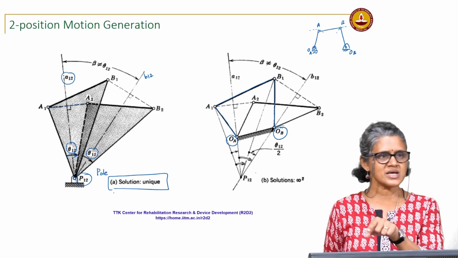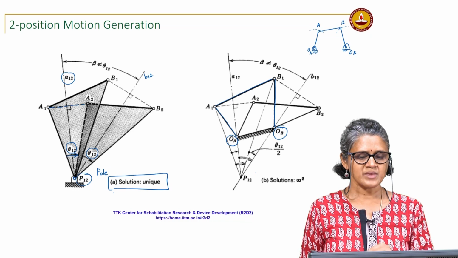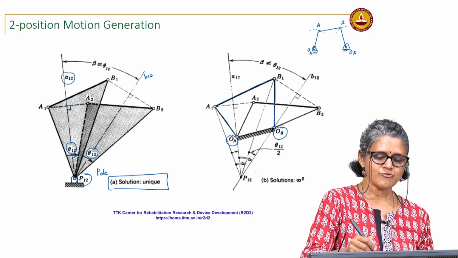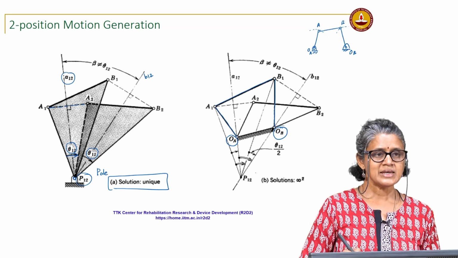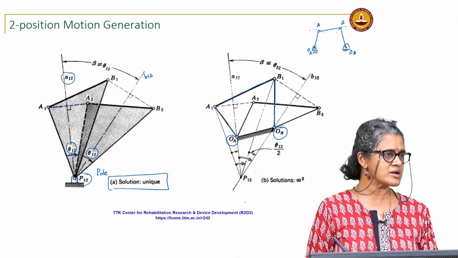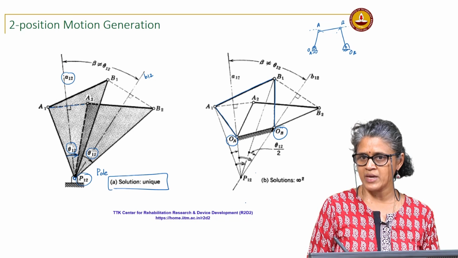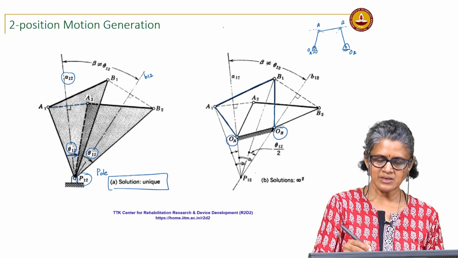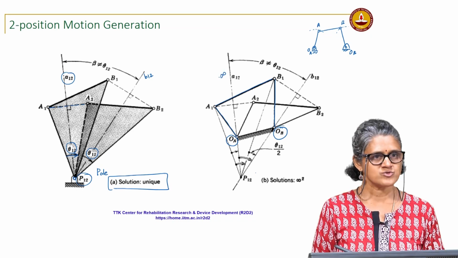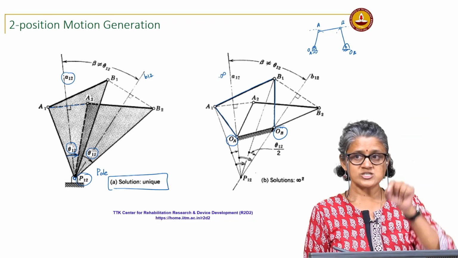Instead, if I want to design a 4 bar for the same thing, I can pick for OA any point on the perpendicular bisector. I can locate my OA anywhere on the perpendicular bisector, which gives me an infinity of choices, because it all has to lie on that line.